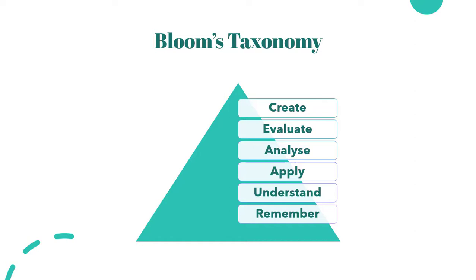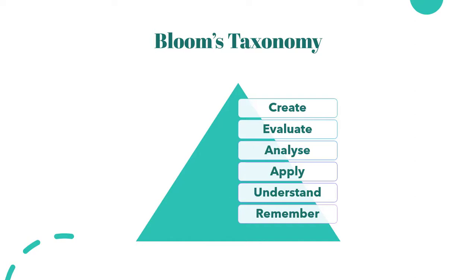But the cognitive domain has received wide attention in traditional education as it is used to structure the learning objectives, assessment, and learning activities in our curriculum. This taxonomy has been named after Benjamin Bloom, as he chaired the committee of educators who devised the taxonomy.